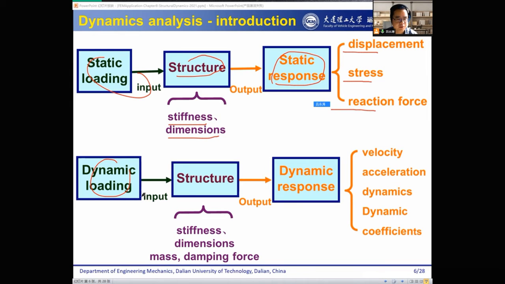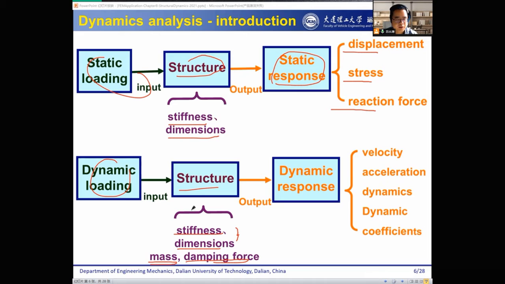But for dynamic loading, we have the structure, and we give the input, like the stiffness and dimension, which are the same as in the static loading case. But additionally, we have to input the mass of the structure and the damping of the structure in order to perform the dynamic analysis.